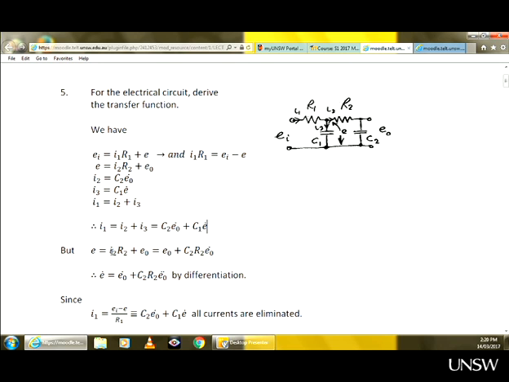EO we will keep, but instead of I2, again, we write what we know about I2, which is this equation here. So we are getting C2 R2 EO dot.